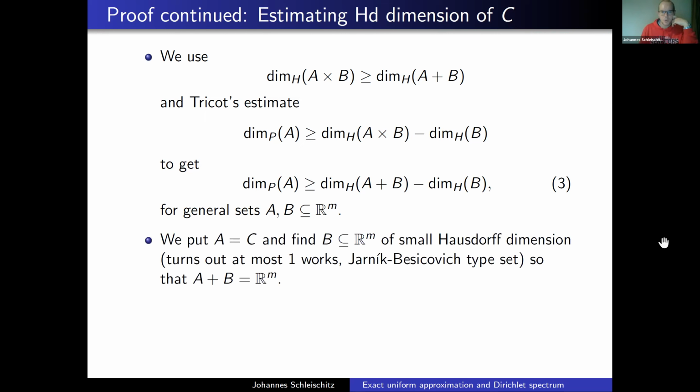And then we want to estimate this Cantor set C from the last side. We put that A. And then we need to find, according to 3, some set B where the sum set is large and the Hausdorff dimension of B itself is small. Then you will get a large right-hand side.